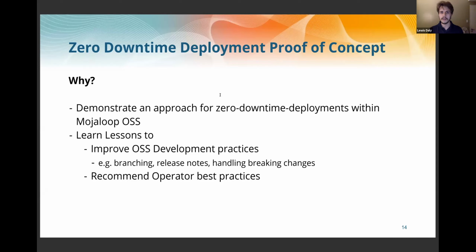Some of the conversation in the past has been around, we have the tooling already with Kubernetes to do zero downtime deployments. The thing is that we've never really applied those tools. So our goal here was to try out a test breaking change within Mojaloop, see if we can deploy it in a zero downtime manner, and then learn some lessons from such a deployment.